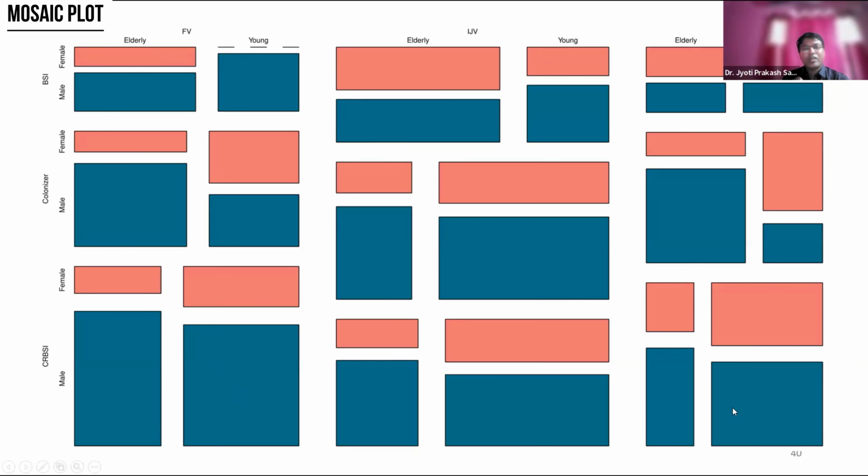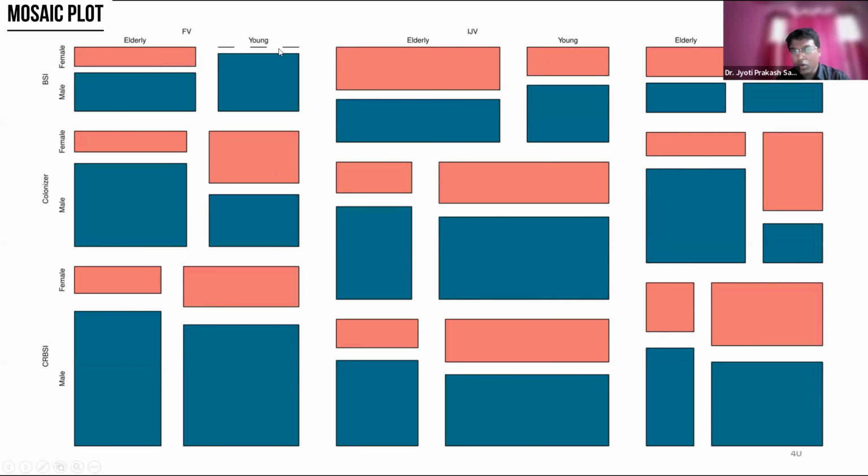Just by looking at this one, we can tell that male participants had higher incidence of CRBSI, colonizer, as well as BSI. Is that clear? The internal jugular vein was the most common vein used for cannulation. There were more young participants as compared to elderly ones.